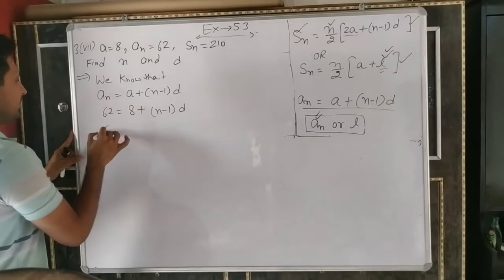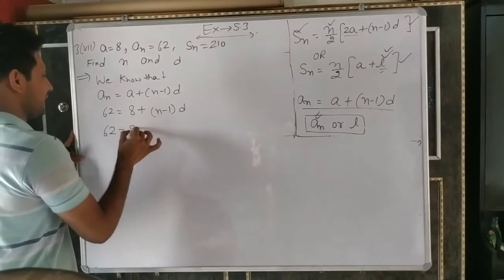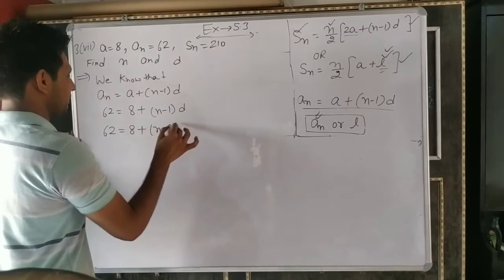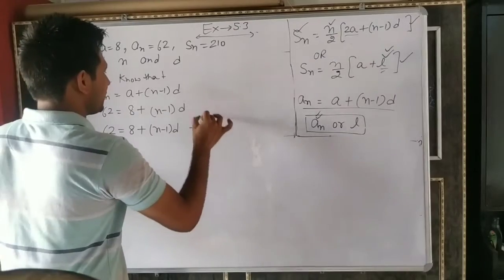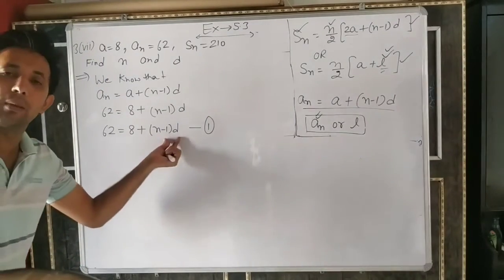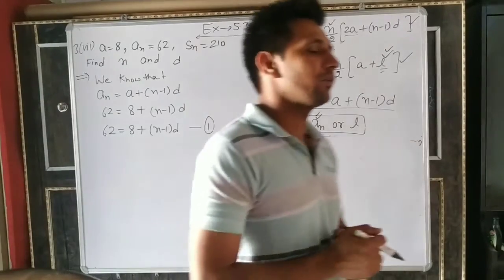So it becomes 62 equal to 8 plus n minus 1 into d. It is the first equation. Leave it here, because here there are two variables and it is very difficult to solve for the first variable.